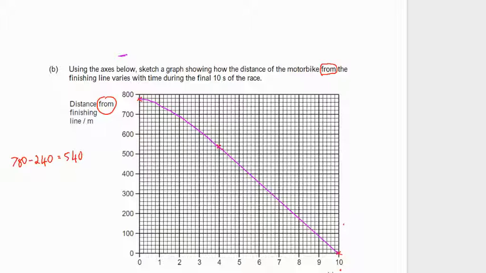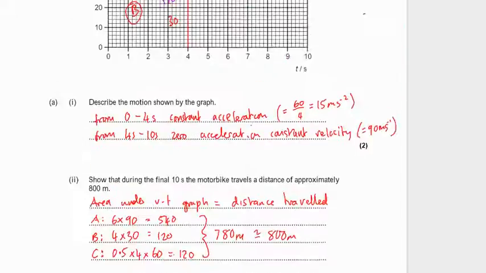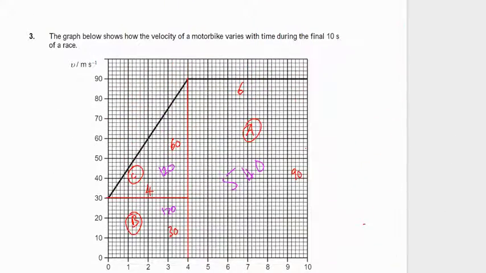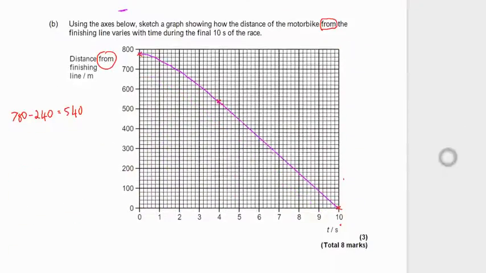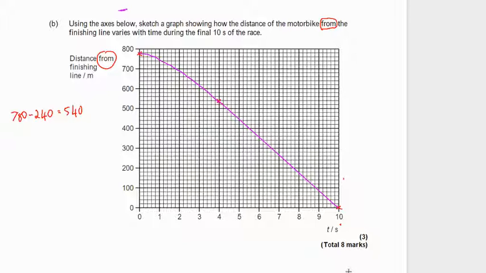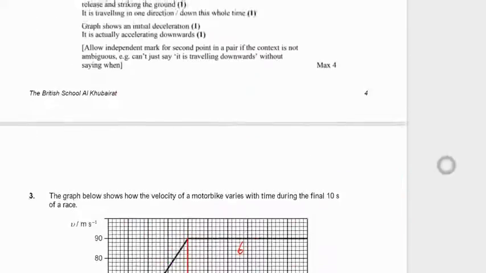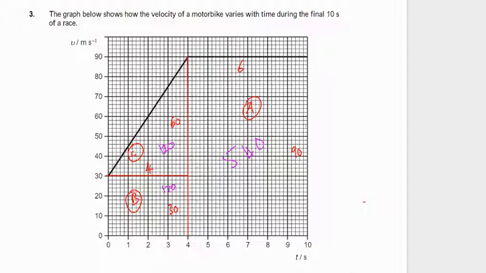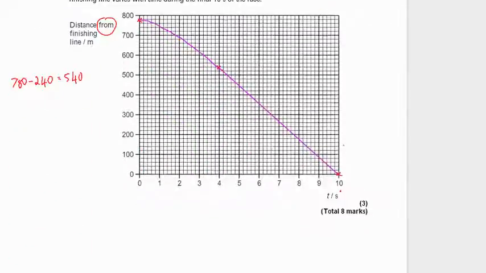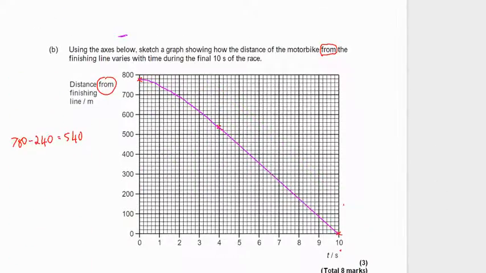Now, from 4 seconds to 10 seconds, we know that the speed is constant, so our gradient must be constant on a distance time graph. So that is our straight line. This question is a difficult one because we are looking at this graph and mapping the speed over time by looking at the gradient and making the link.